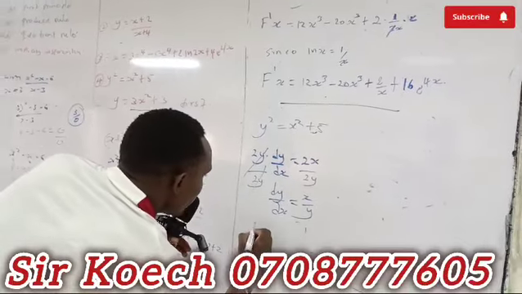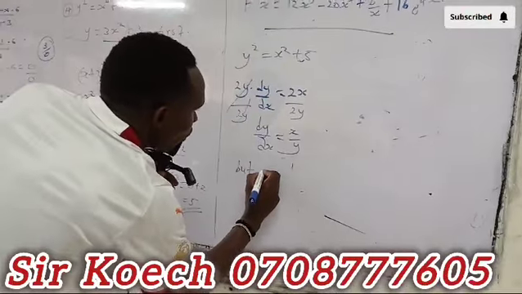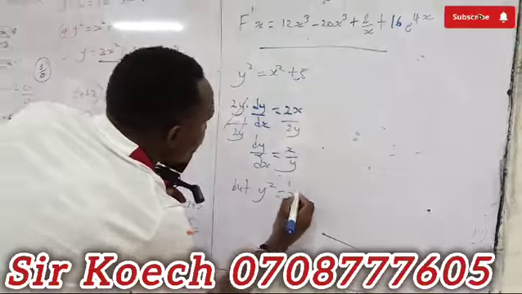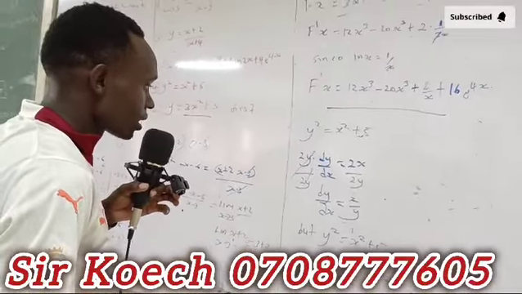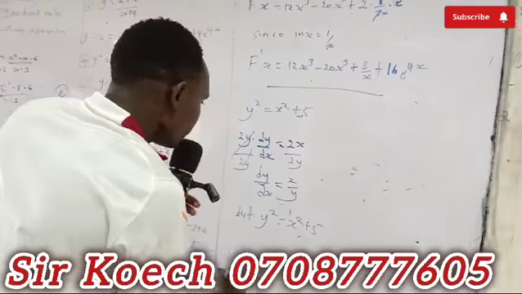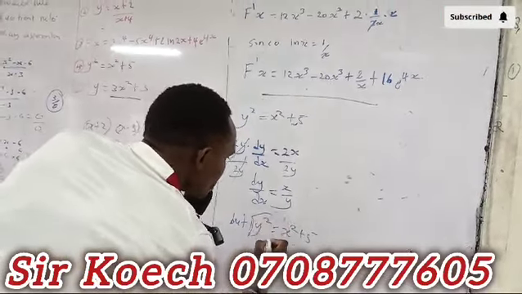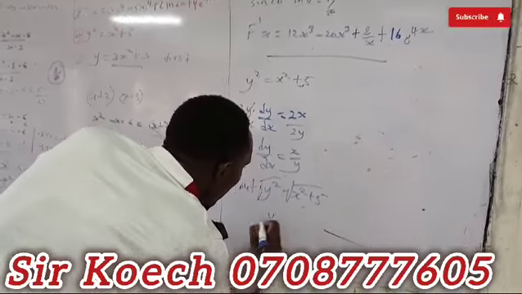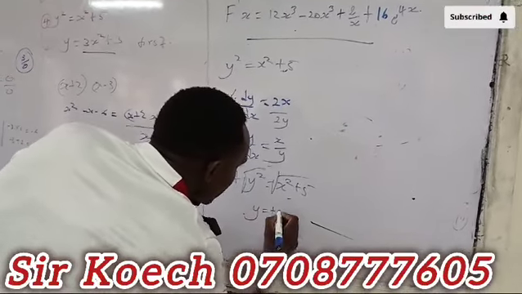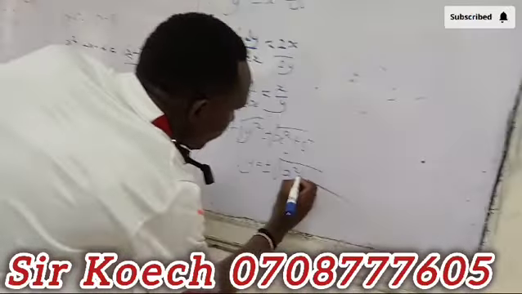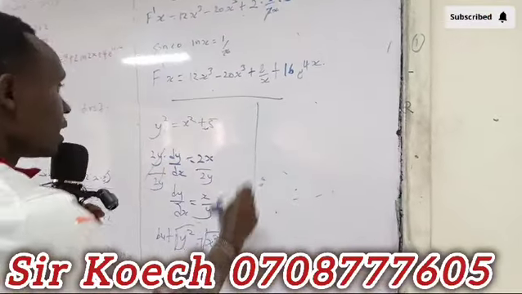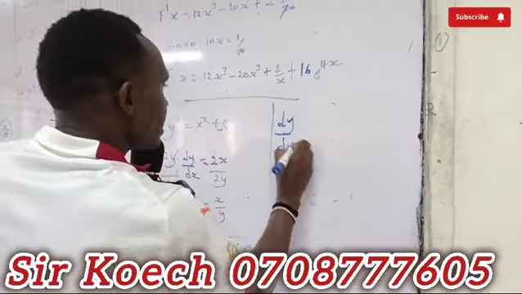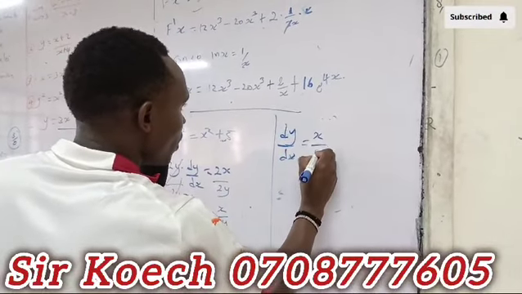But y squared is equal to x squared plus 5. Then let me find the value of y. If I square root here, y is equal to plus or minus the square root of x squared plus 5. And my answer, dy over dx, is equal to x over y.